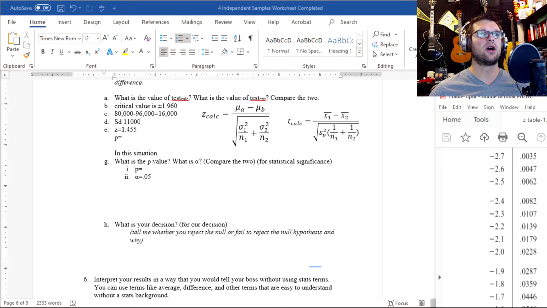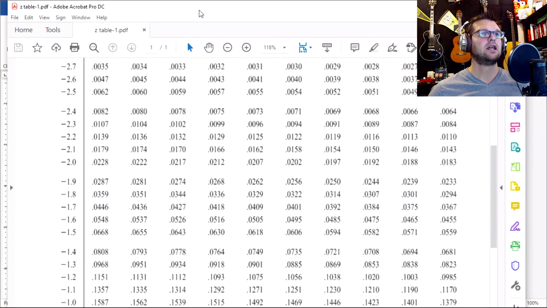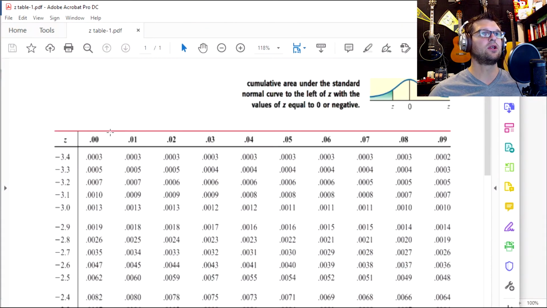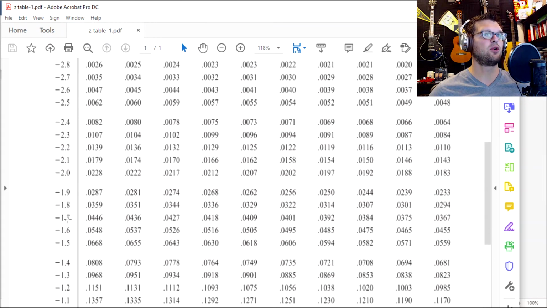One is to grab your trusty z-table, and if you go to your trusty z-table, we can go down to negative 1.4, and then go, negative 1.40, negative 1.41, 2, 3, 4, 5.